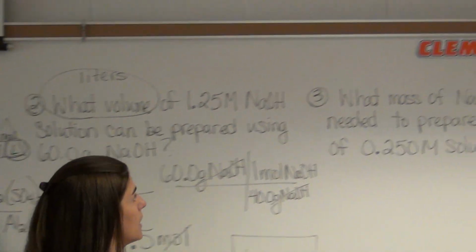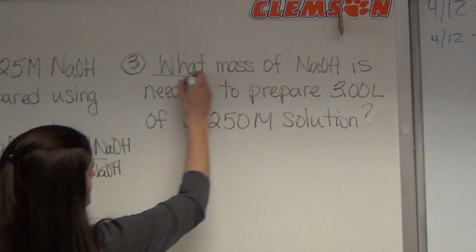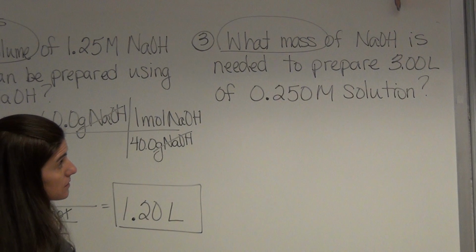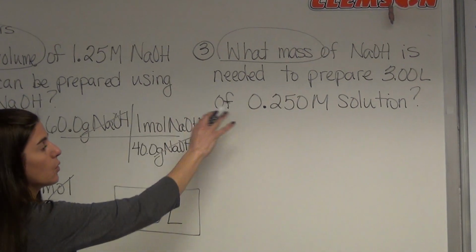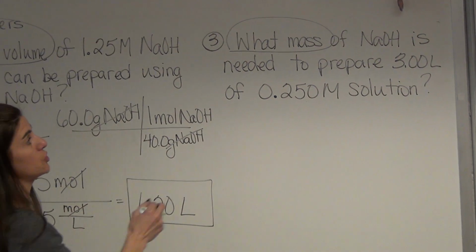Let's look at the third one. The third one, what mass? I think the hardest part of these questions is trying to figure out what they're asking for. So read the question carefully, look at your given information, and then look at what you're trying to find.